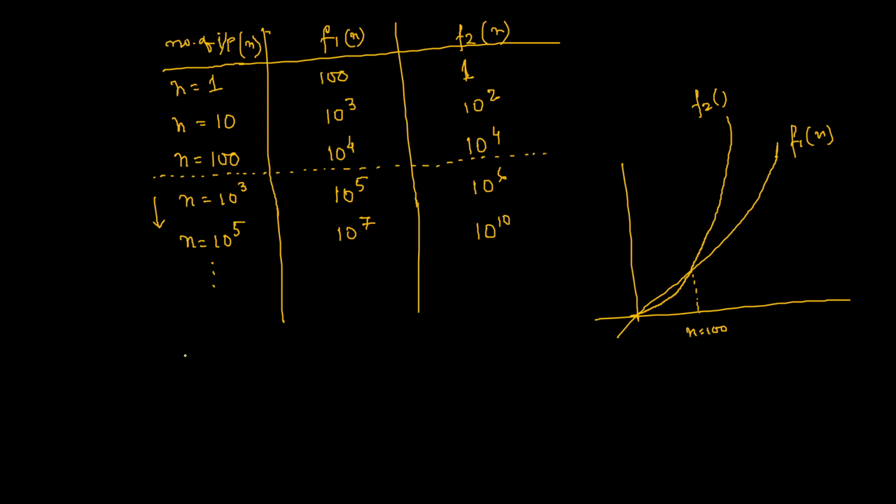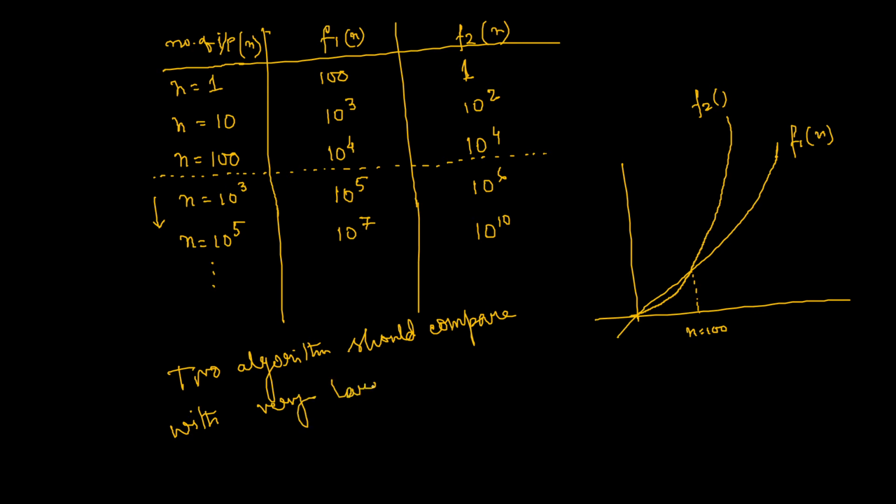So the algorithm should compare two algorithms with a very large number of inputs. Is that clear till now, what we have discussed?